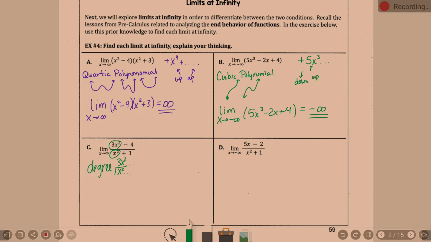This creates a horizontal asymptote at y equals 3.